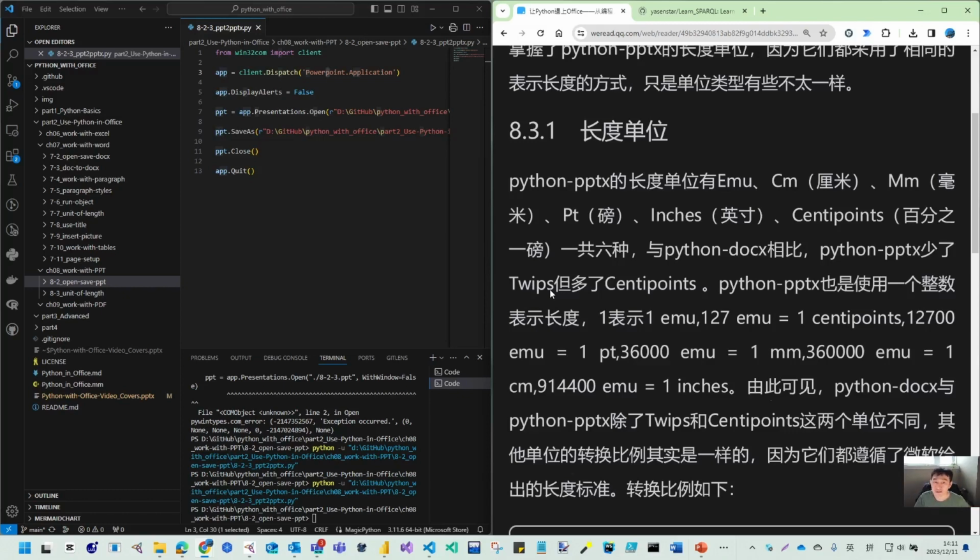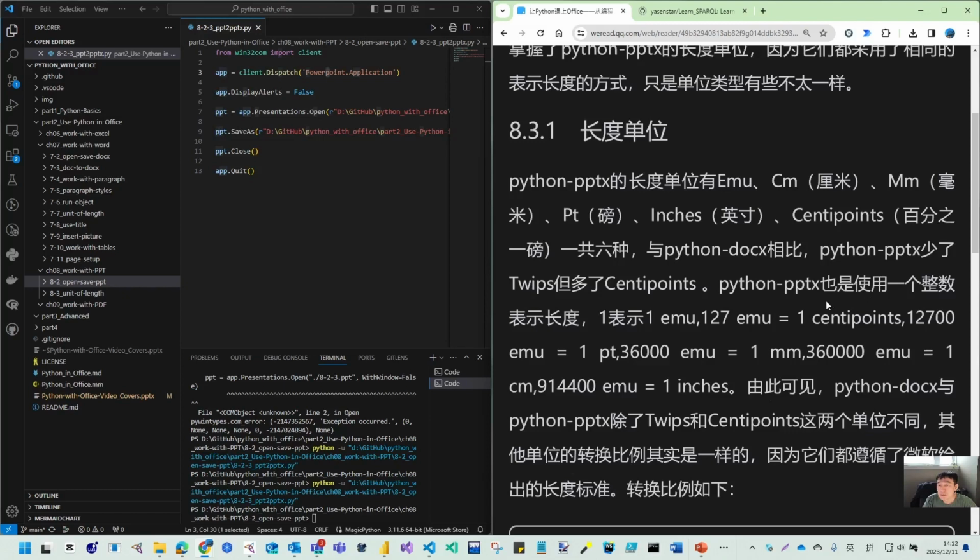When you go back to Word, you may notice we don't use those special units of length quite often. In most of our code we use cm, mm, or sometimes pound. That can already fulfill almost all the requirements, so you can just keep those.